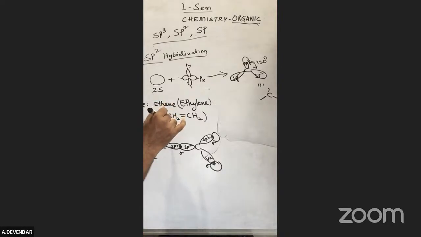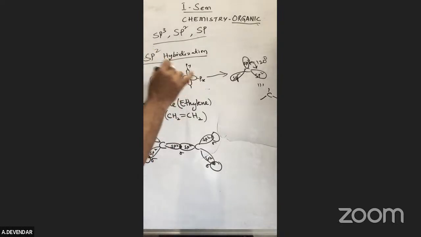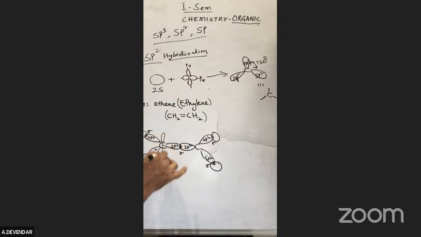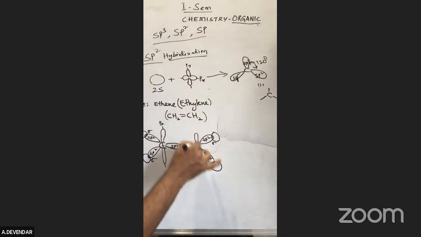On each carbon, we are not using the pz orbital. Under hybridization, only px and py are used for the hybridization. But the pz orbital on each carbon is still present as a pure orbital. I'm writing this is a pure one, on the other carbon also.